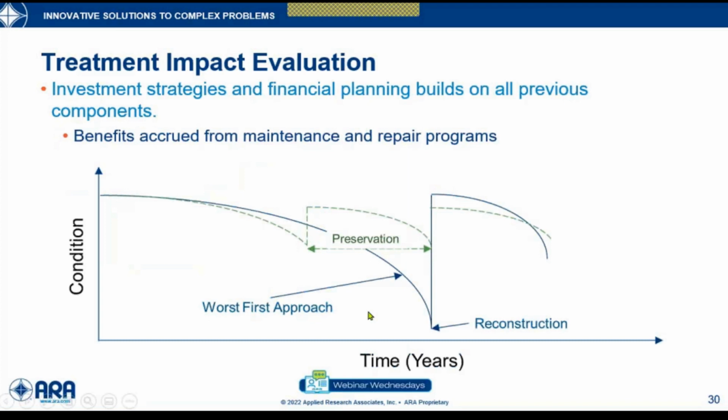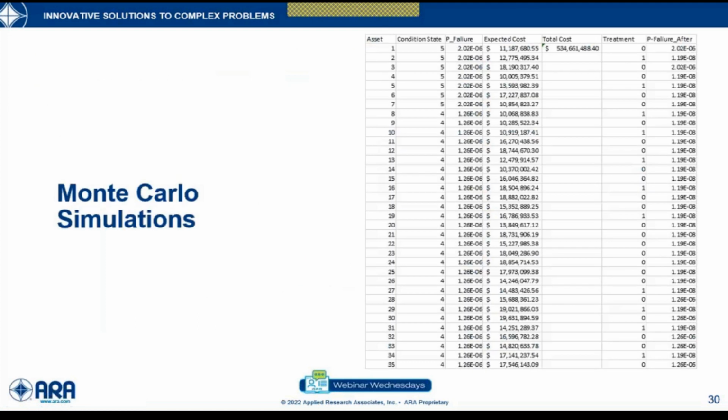Wait for the asset until it reaches a bad condition and then try to improve that. That strategy can get you to very bad condition, and the cost associated with reconstruction can be much, much larger than the cost of preservation. So having a prioritized approach or more systematic approach to identify the assets to fix is very critical.